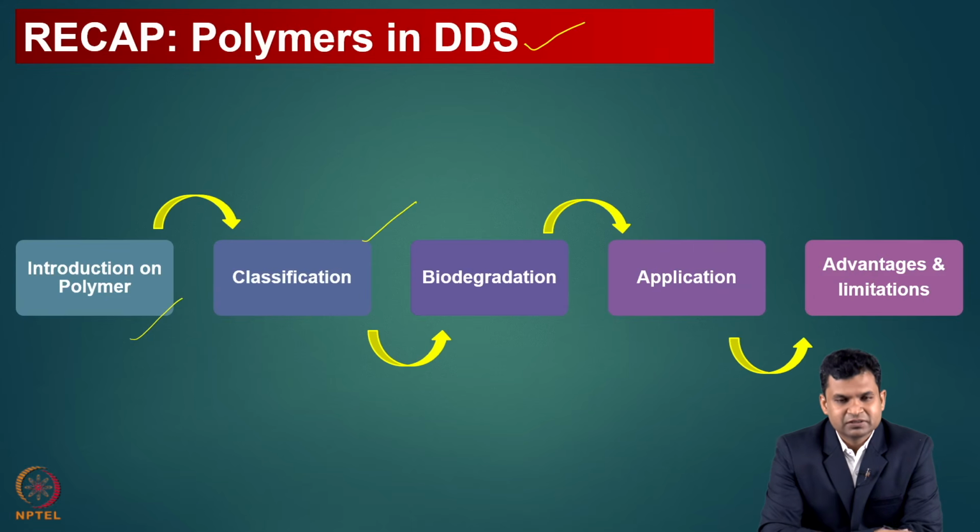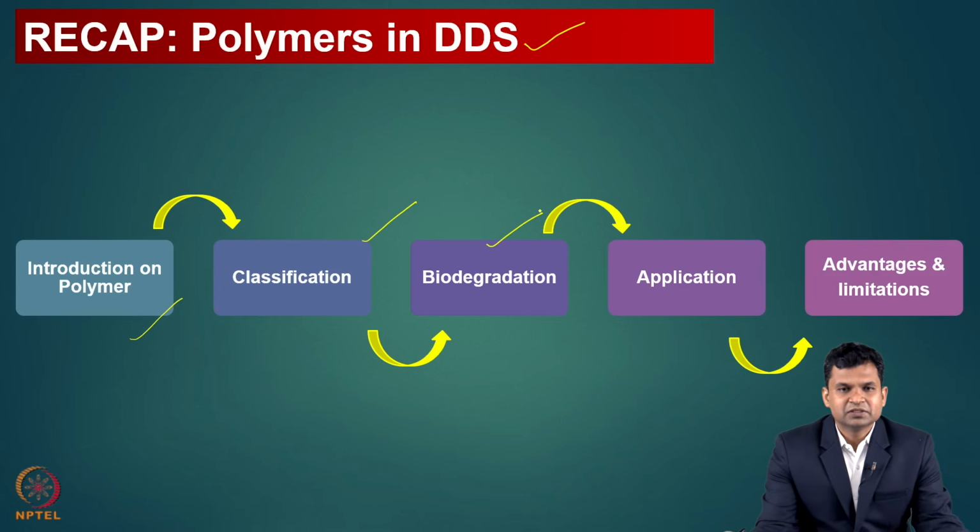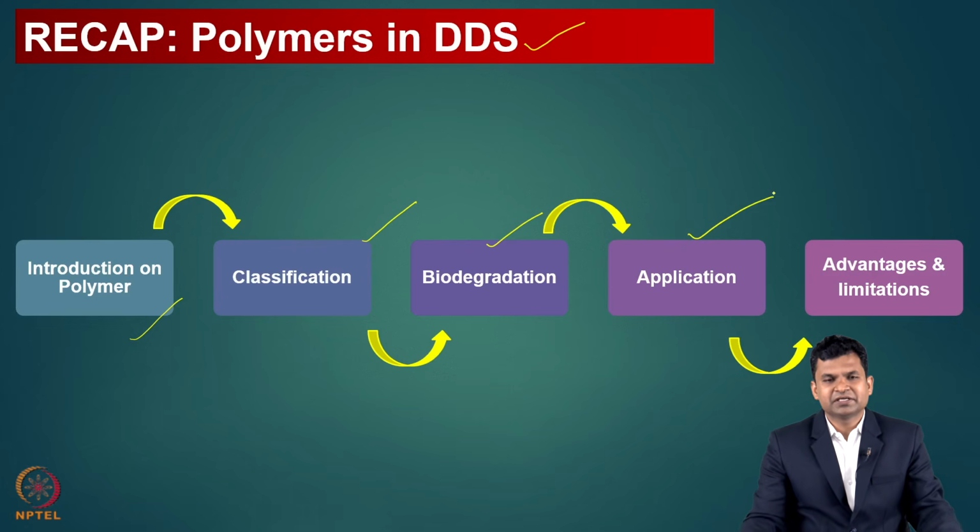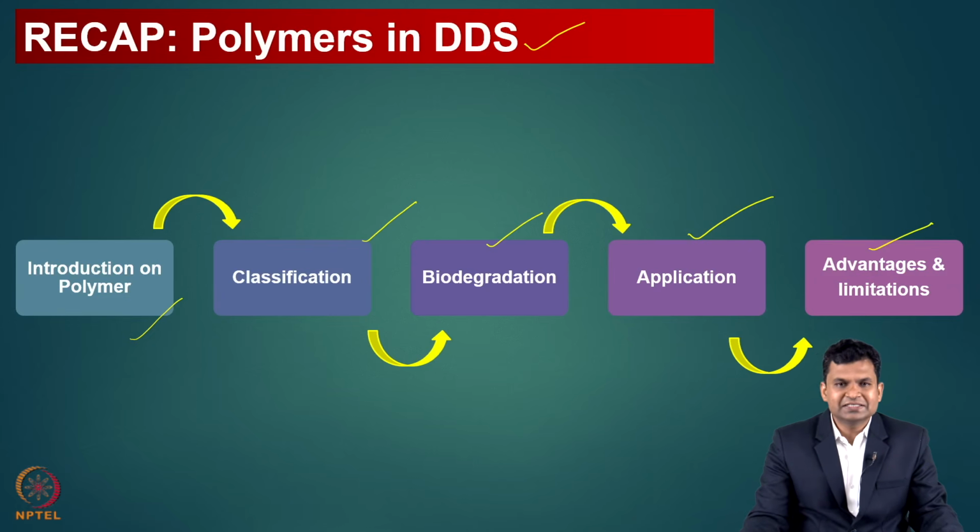Further, we saw what biodegradation is and how polymers undergo biodegradation, and various drug delivery applications as well as non-drug delivery applications. After that, we learned the advantages and the limitations of polymers which are used in various drug delivery applications.